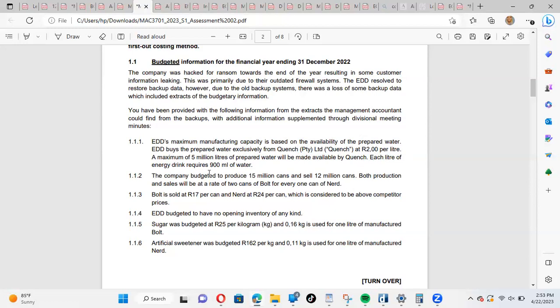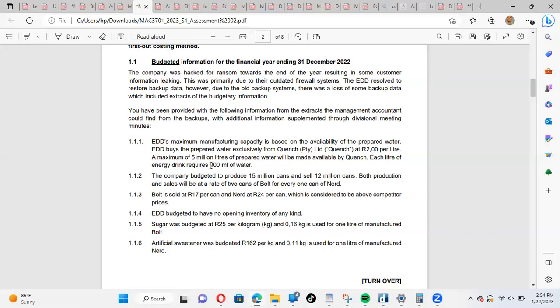Each liter of energy drink requires 900 mils of water. It means we use that liter, then after our manufacturing process, we get 900 milliliters of energy drink.